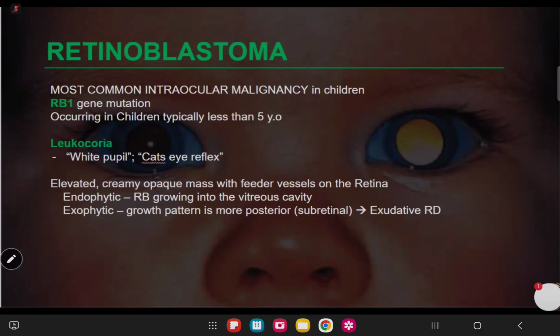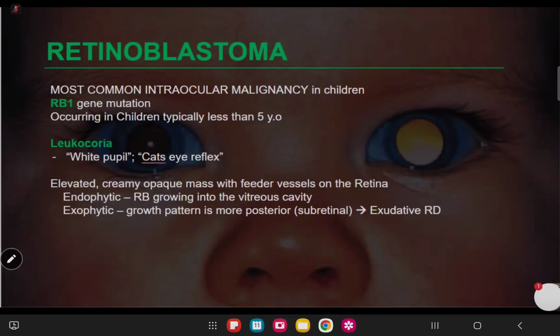It deviates from the normal red orange reflex. It's usually lighter. It's elevated. This retinoblastoma is an elevated creamy opaque mass with a feeder vessel on the retina. We describe it as endophytic if the retinoblastoma is growing into the vitreous cavity, and exophytic meaning the growth pattern is more posterior, so subretinal.